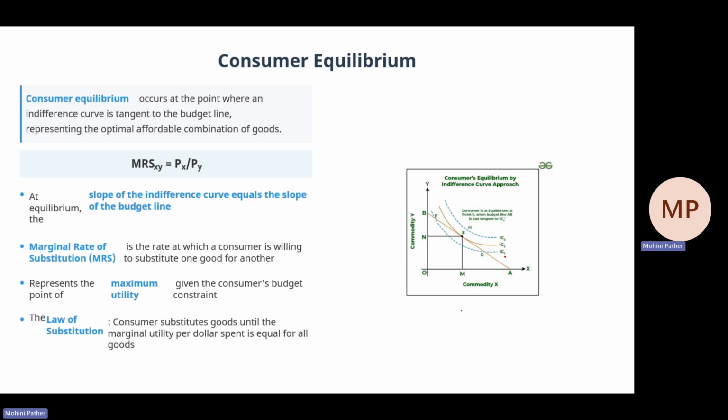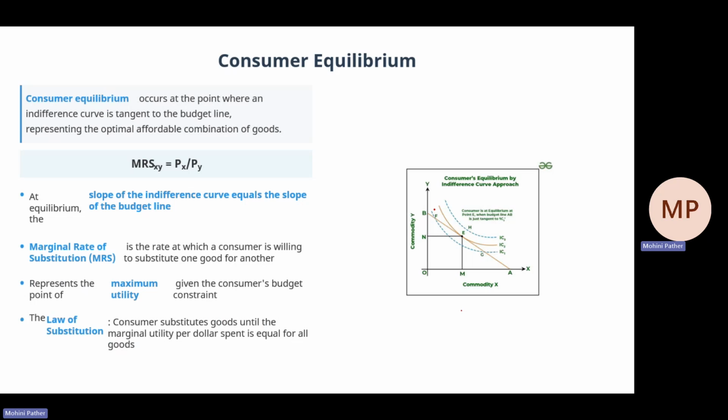The point of the consumer is to maximize their levels of satisfaction. They are, of course, constrained by the budget, which is the line that you see drawn from B to A or from A to B. That is telling you exactly what this consumer can afford.